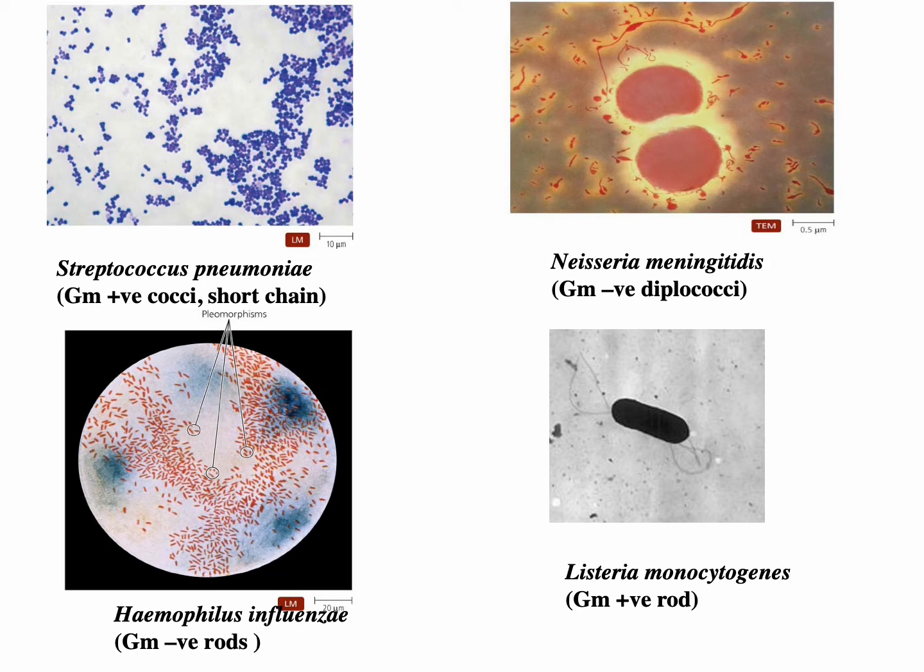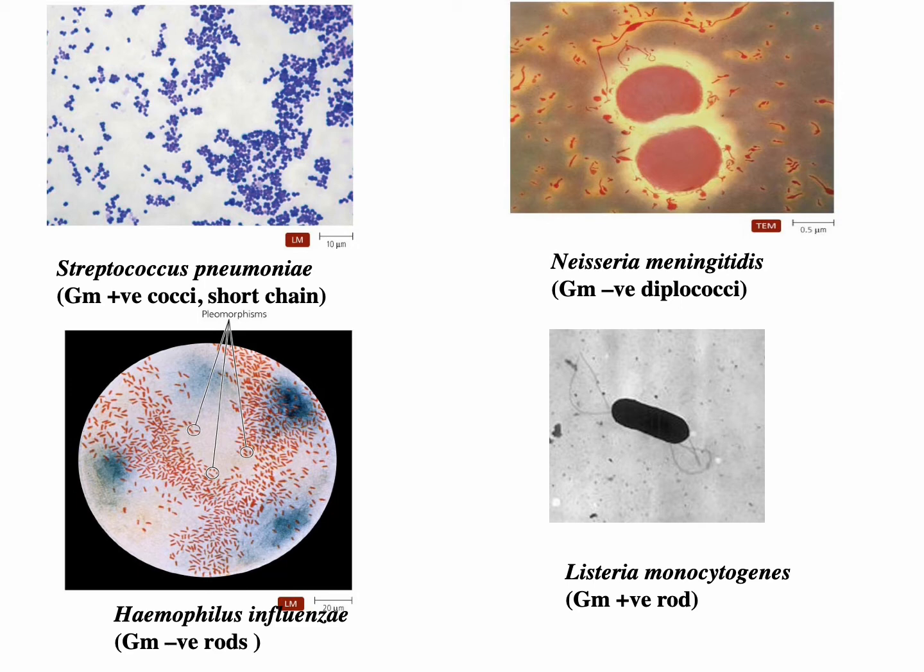So 2 kidney bean cells stuck together and gram-negative, so very easy to pick out when doing a gram stain. And then Haemophilus influenzae is a gram-negative rod, a very short rod. And then Listeria monocytogenes is obviously a gram-positive rod.